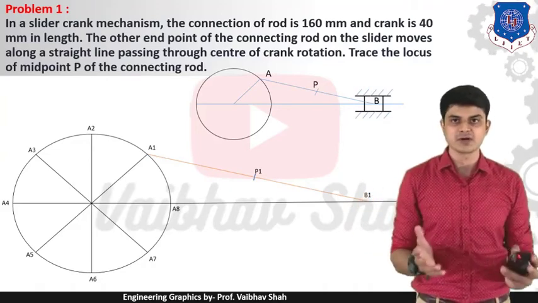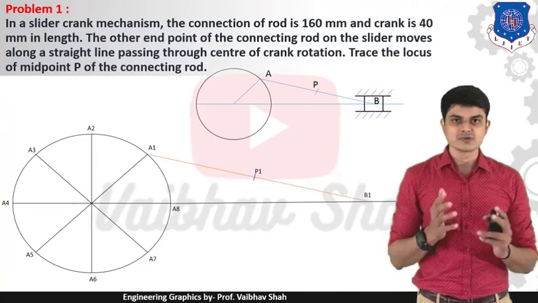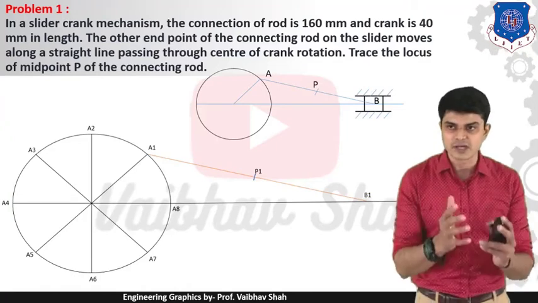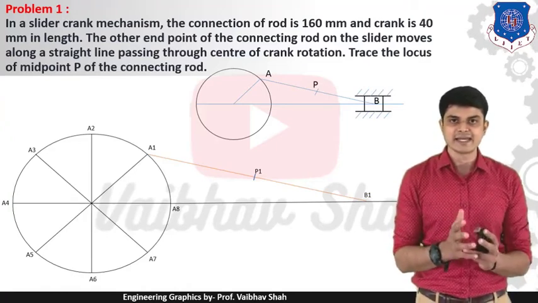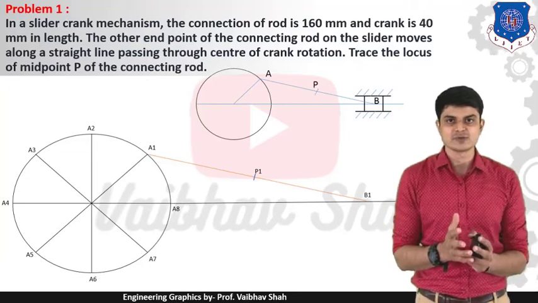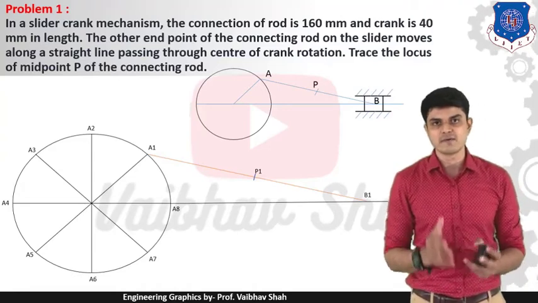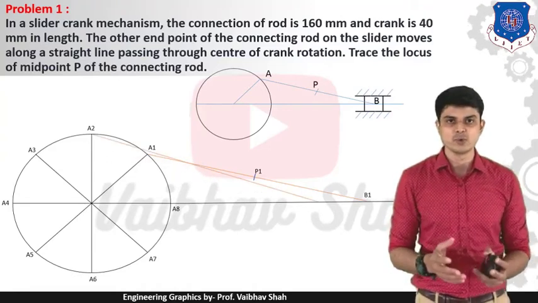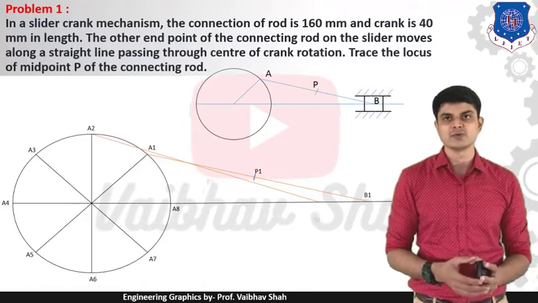First, we draw one line from point number 1 like this. As we have drawn this line from point number 1, we will specify this line as A1 B1, and we will find the midpoint on this line. As you can see, the midpoint is P1. Then we will draw another line from your point A2. We will specify this line as A2 B2, and we will locate point B2 on this.